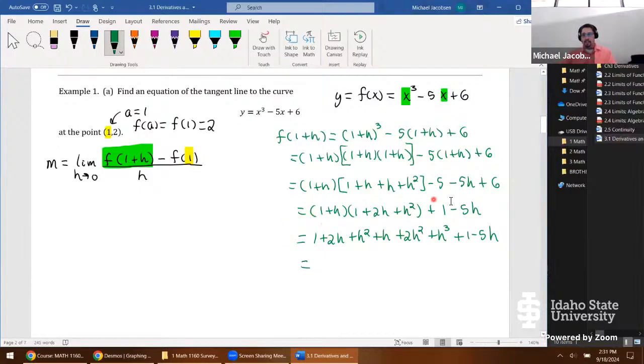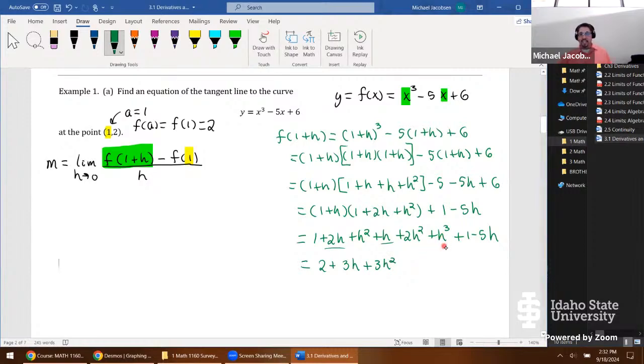There's a 1 here and a 1 here, so we really have 2 plus 2h. Oh, and let me try again. There's a bunch of like terms, aren't there? So 1 and 1 here, and then 2h and h gives us 3h. We have h squared plus 2h squared, so plus 3h squared.